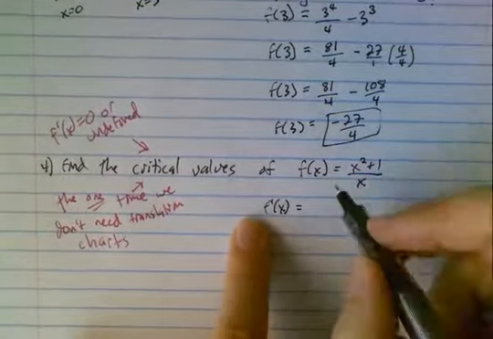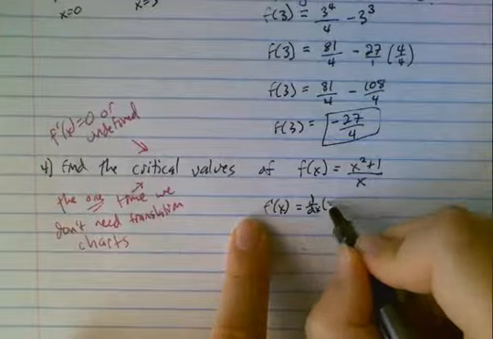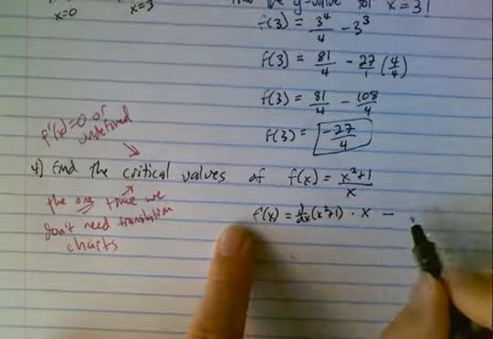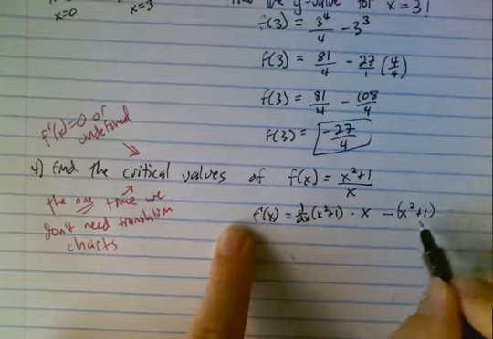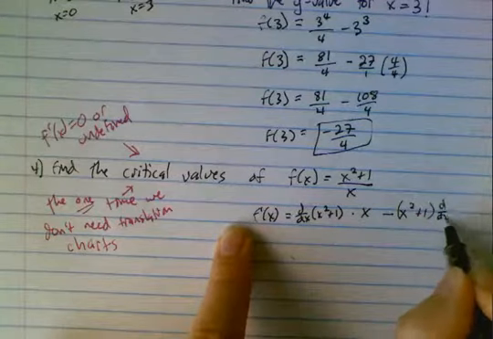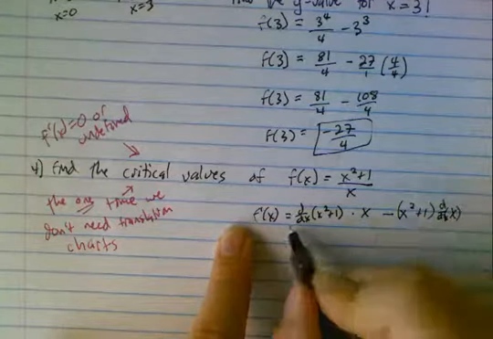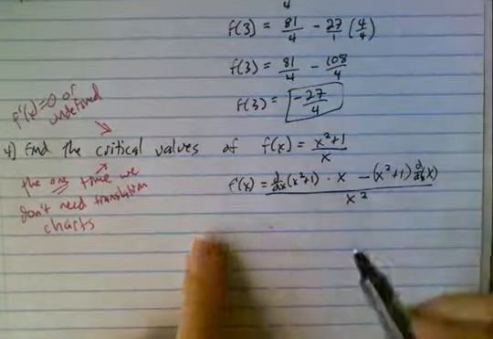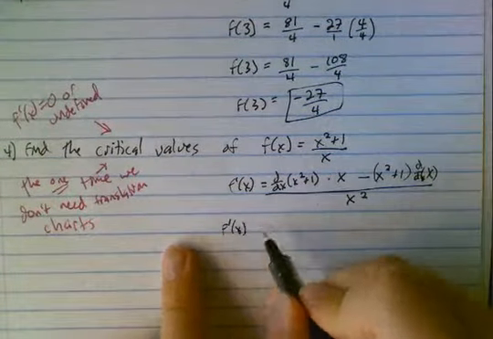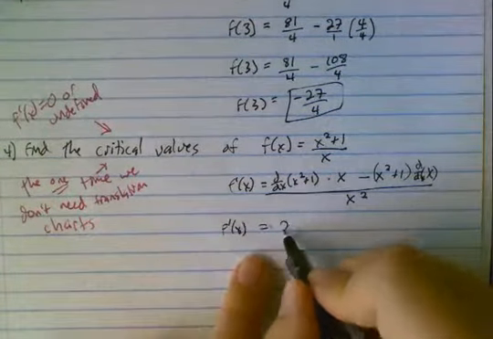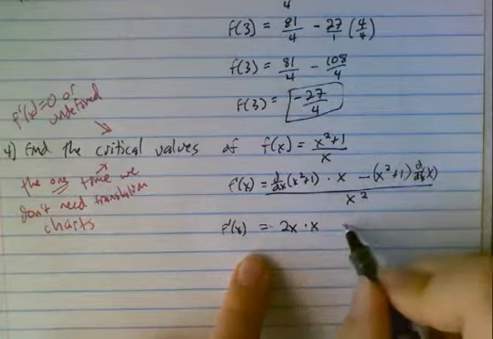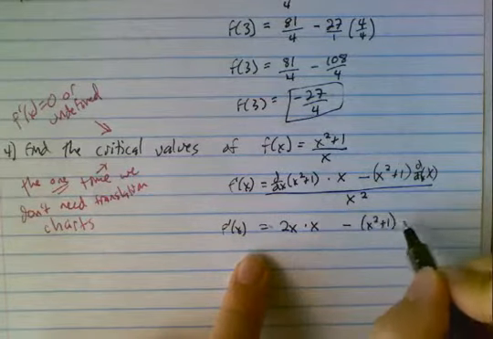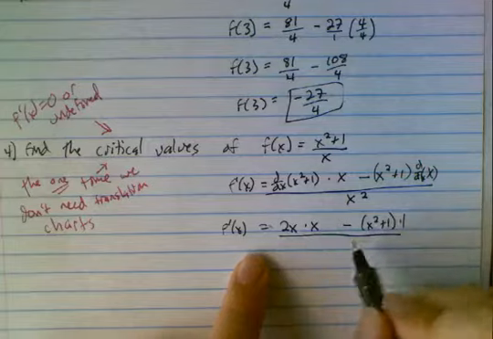This is definitely going to be the quotient rule: derivative of x squared plus 1 times x, minus x squared plus 1 times the derivative of x, all over the denominator squared. Derivative of x squared plus 1 is 2x. Derivative of x is 1.